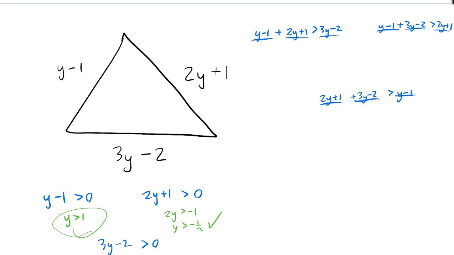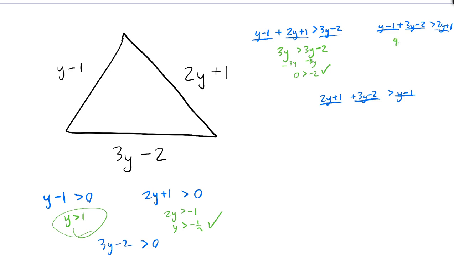All right, then we go over here and we'll just solve. So we get 3y, and plus nothing, is bigger than 3y minus 2. Subtracting the 3y from both sides, we get 0 is bigger than negative 2. That's always true. So check, any y value makes that true. Well, that was easy. Okay, so that one's always true.